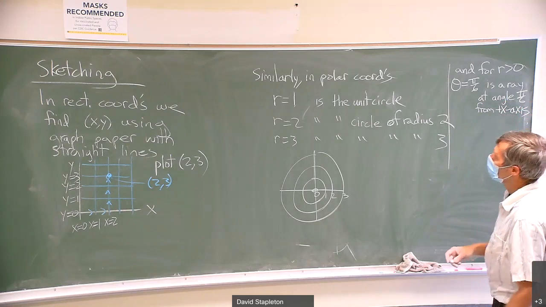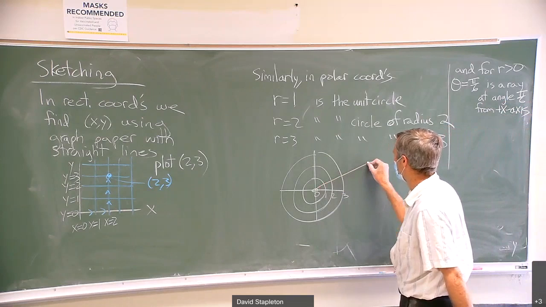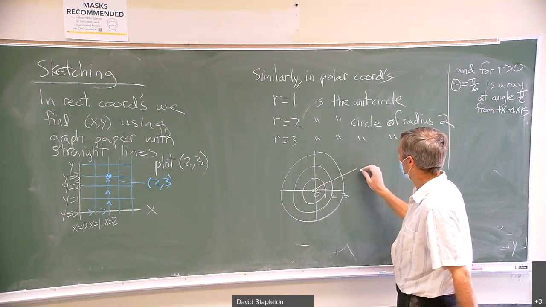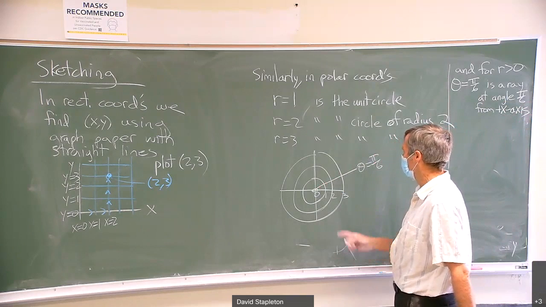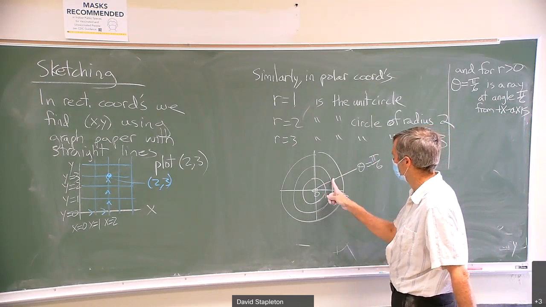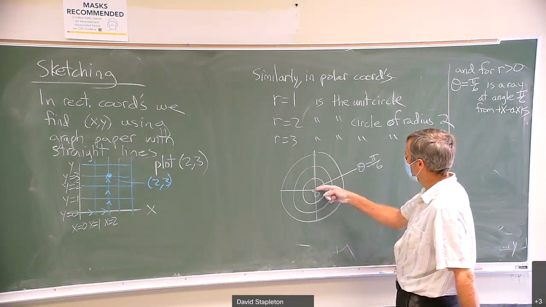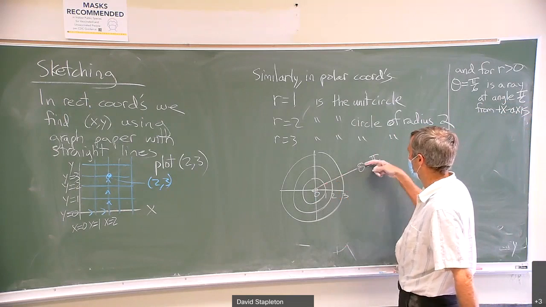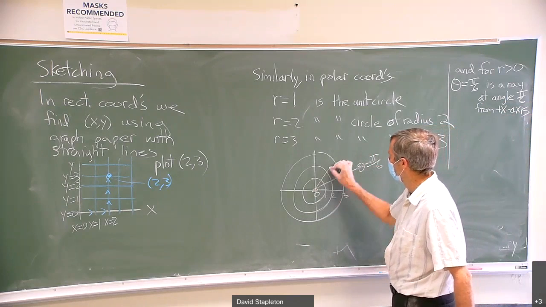I turn to an angle pi over 6, and if r isn't negative, then I can go out as far as I want like that. These are all points with theta equals pi over 6. If you pick the point (2, pi over 6), I turn to pi over 6 and go out 2 units. You pick the point with polar coordinates (3, pi over 6), I turn to pi over 6 and go out 3. So these are all points with arbitrary r and theta equals pi over 6. So you get rays.